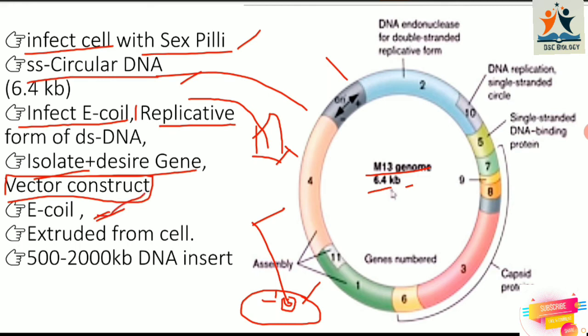And this is excluded from the cell, and we can insert DNA of about 500 to 2000 kilo base pair here.